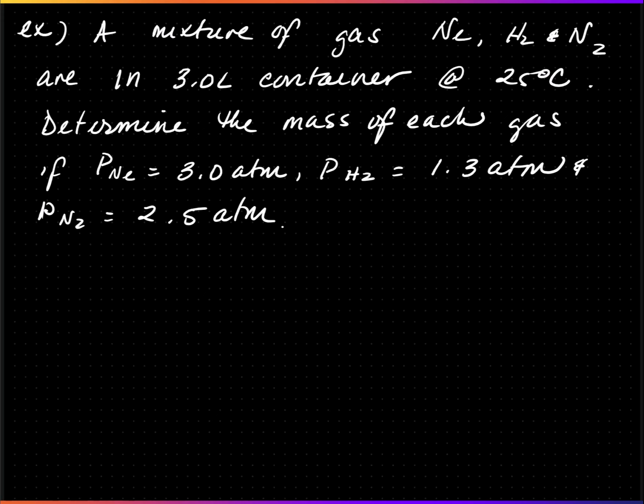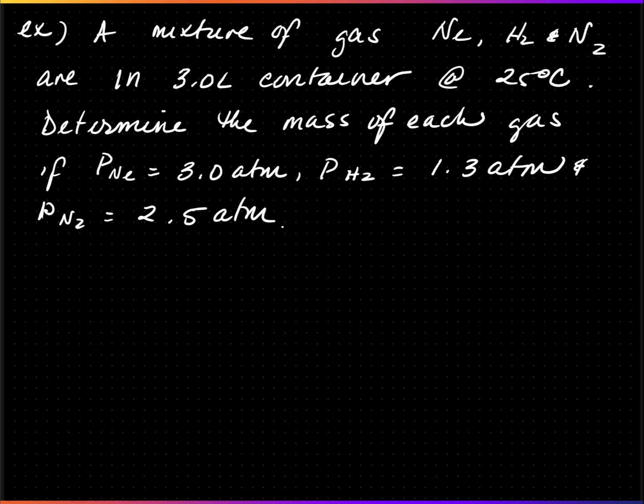So we have a mixture of gas, neon, hydrogen, and nitrogen in a 3.0 liter container at 25 degrees. Determine the mass of each gas. The partial pressure of Ne is 3, partial pressure of hydrogen is 1.3, and nitrogen is 2.5. We can find the total moles using the ideal gas law.